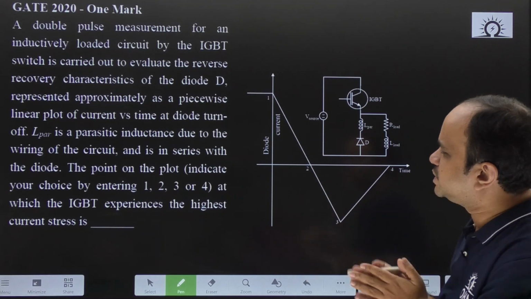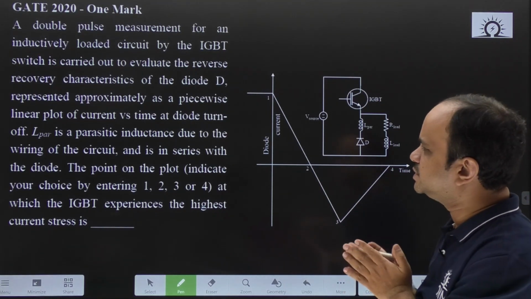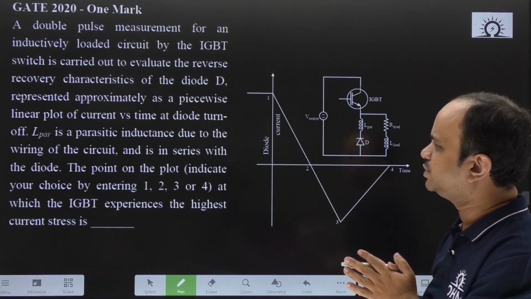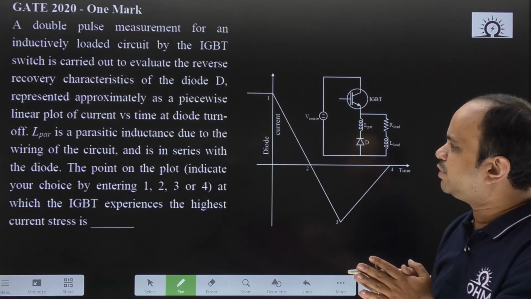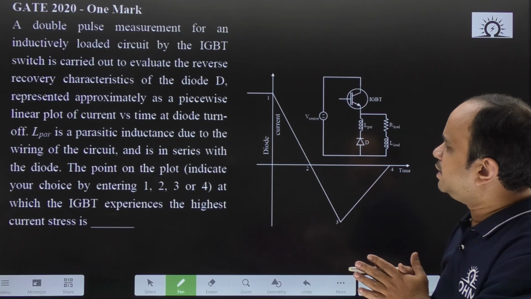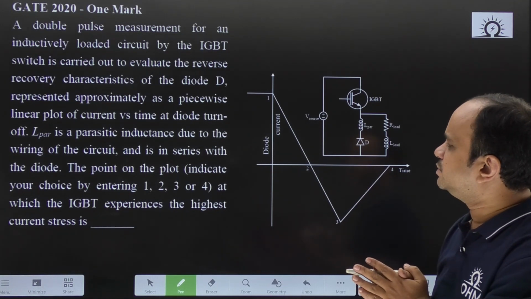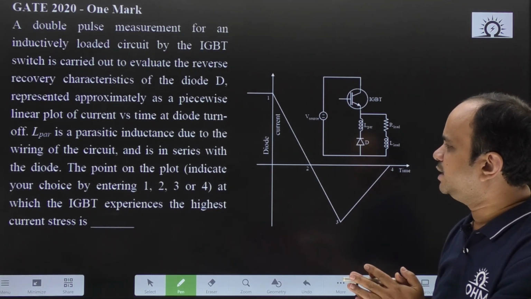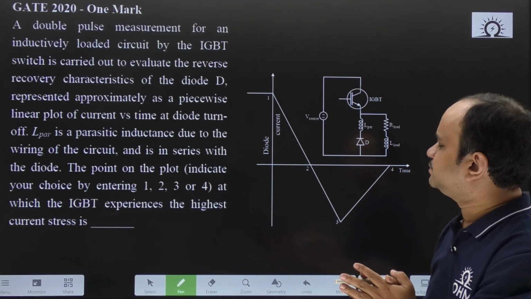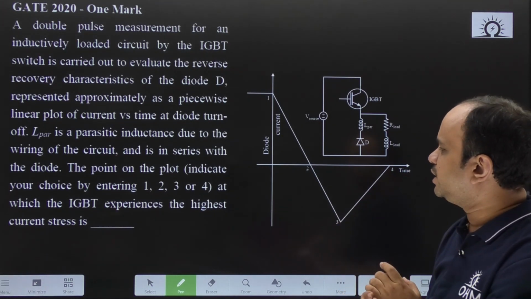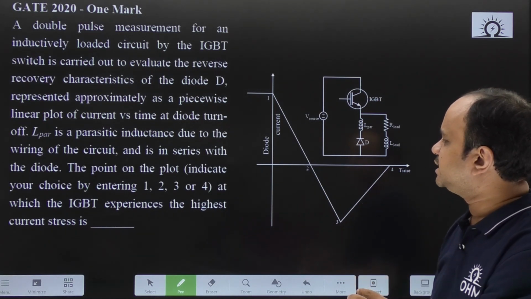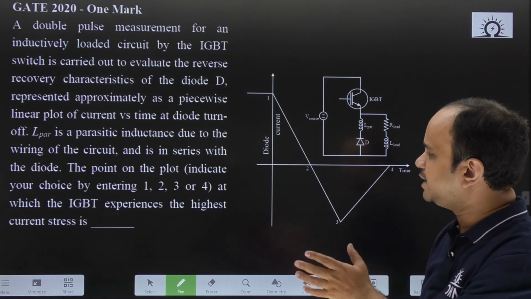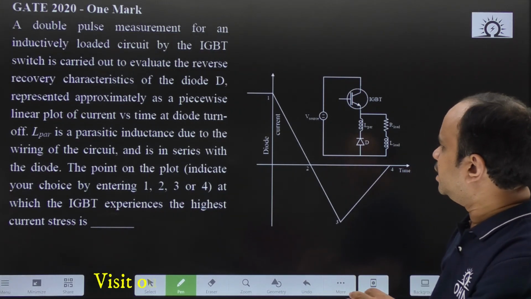No need to worry about this lengthy statement. This complete data is just to scare the student. L par is the parasitic inductance due to the wiring of the circuit and is in series with the diode. Now, what we need to identify finally, the point on the plot, indicate your choice by entering 1, 2, 3 or 4, at which the IGBT experiences the highest current stress.